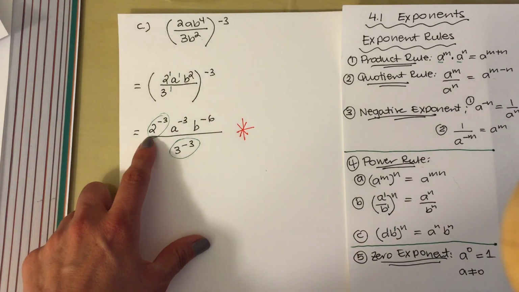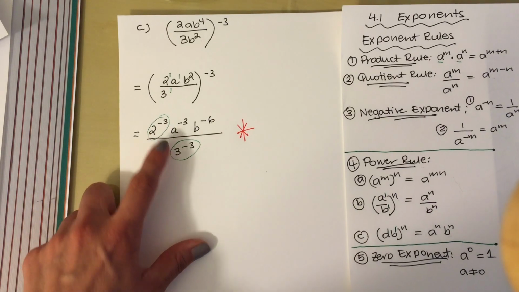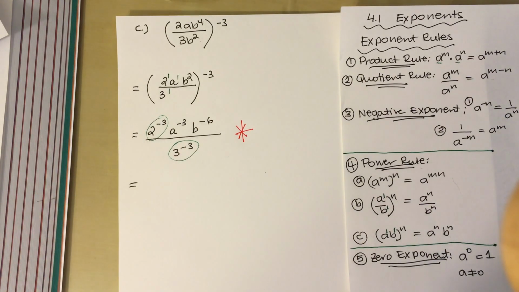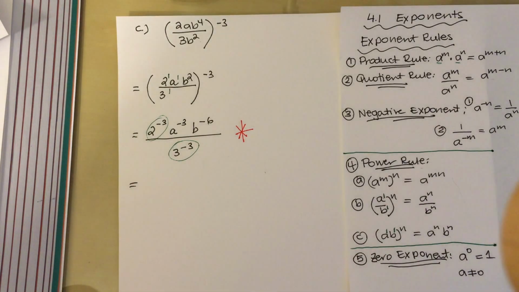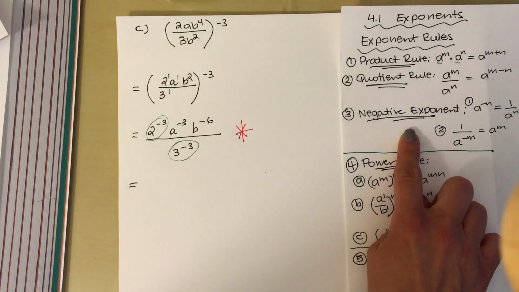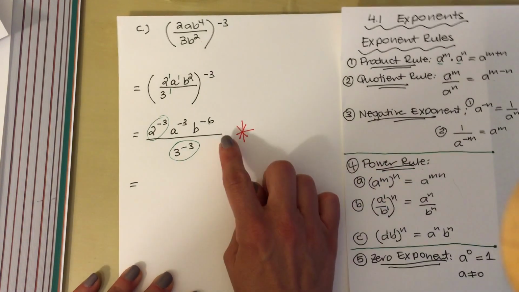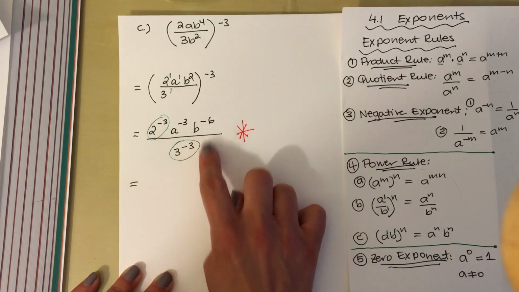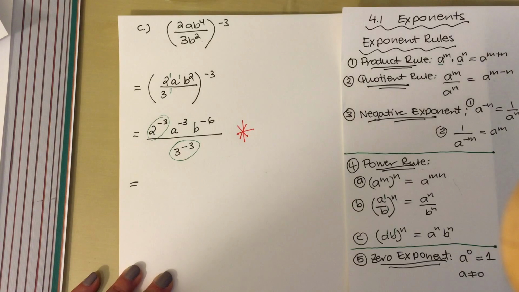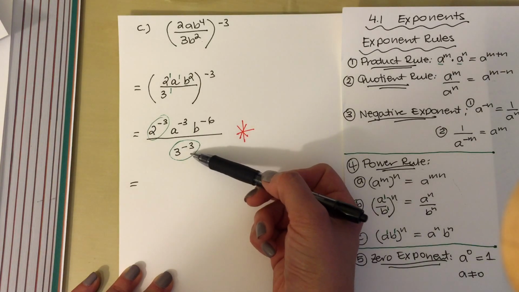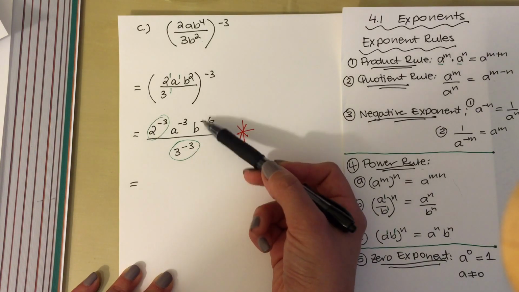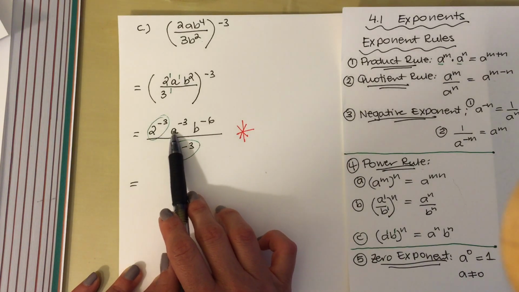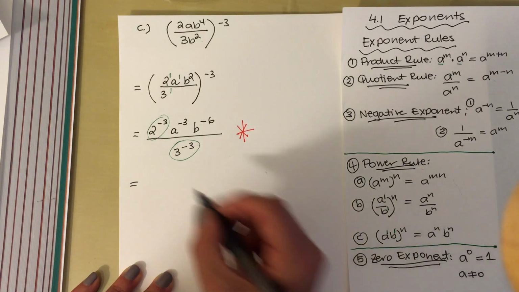You don't want to calculate 2 to the -3 and 3 to the -3 until the exponents are positive. So to do that, we use our negative exponent rule and just change the location of all of these, where the denominator, for example, 3 to the -3 goes to the top. Everything down here moves to the denominator.